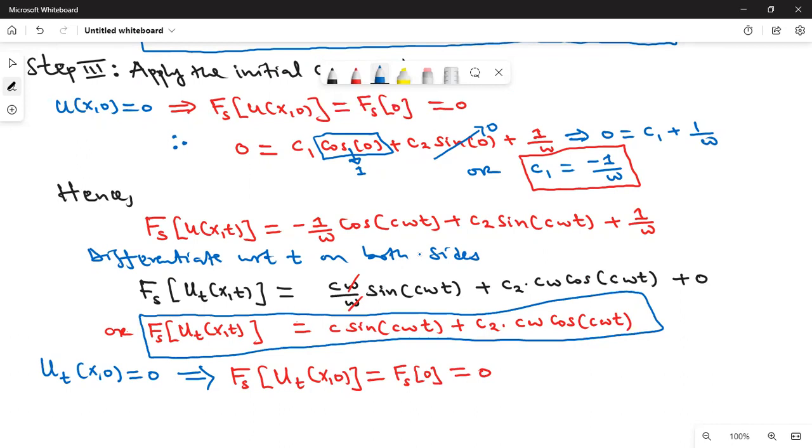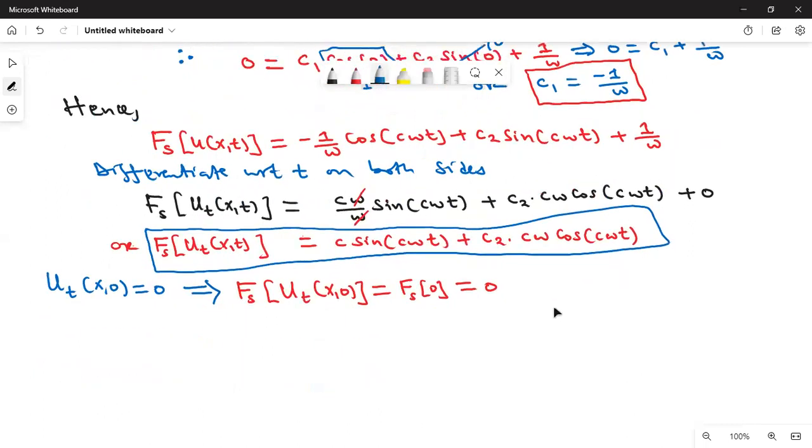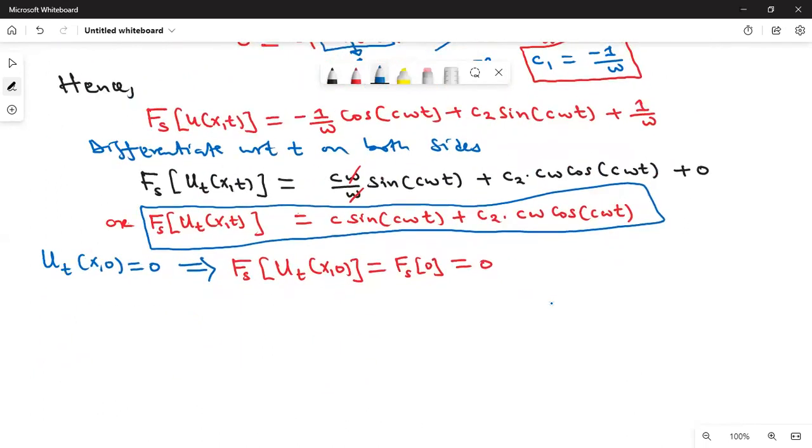So therefore, upon substitution, we are going to get 0 is equal to c times sine 0, because t is 0, plus c2 times c omega times cosine of 0. And you know, sine 0 is 0, so this will be 0. And the cosine of 0 is 1. So this is 1.